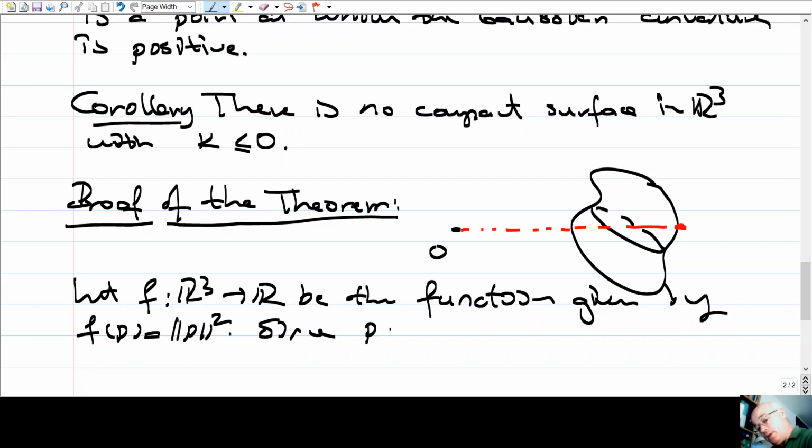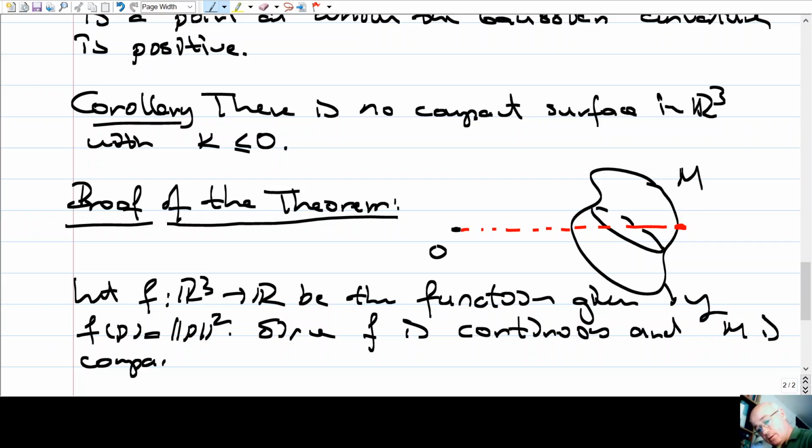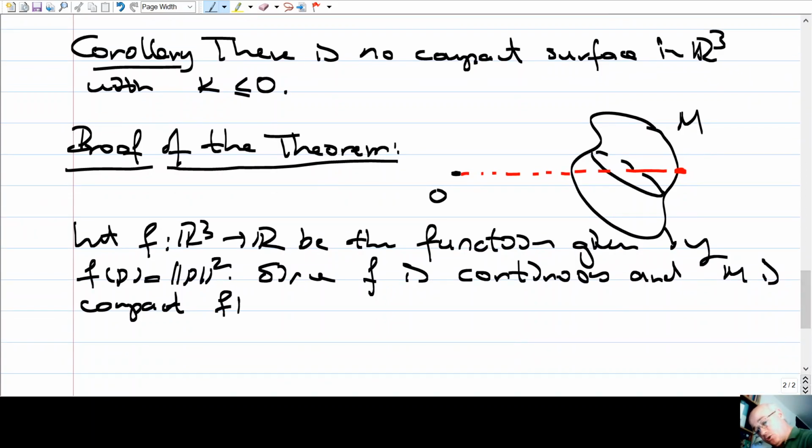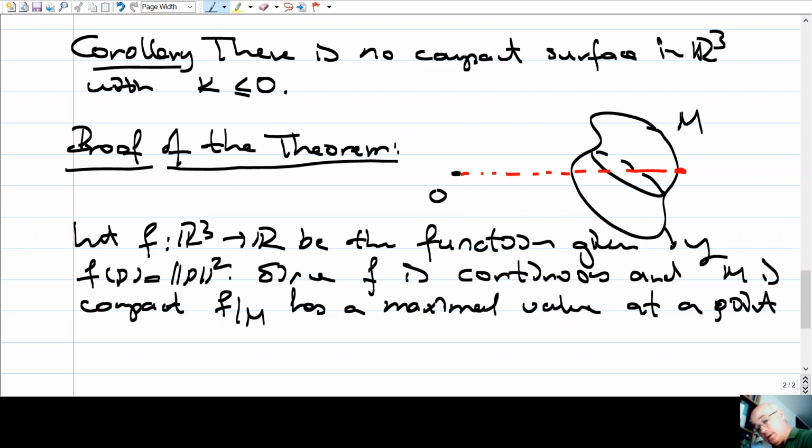Since f is continuous, and M is compact, the restriction of f to M has a maximum value, say at a point m. Let's say it is this point.